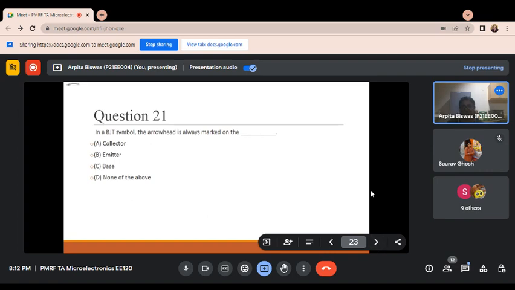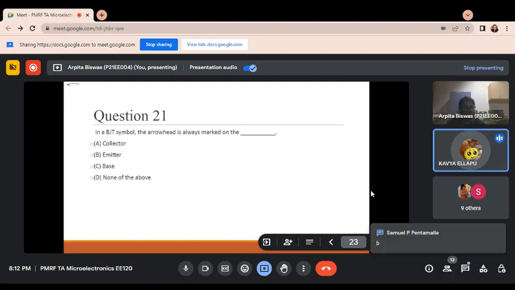So next we are moving towards question number 21. In a BJT symbol, the arrowhead is always marked on: option A is collector, option B is emitter, option C is base, and option D is none of them. Kavya, what is the right answer? Emitter.